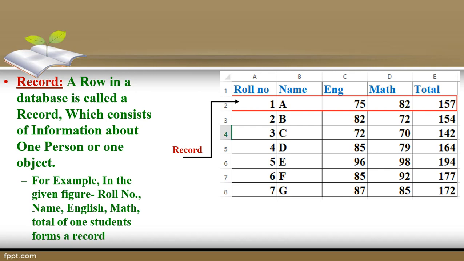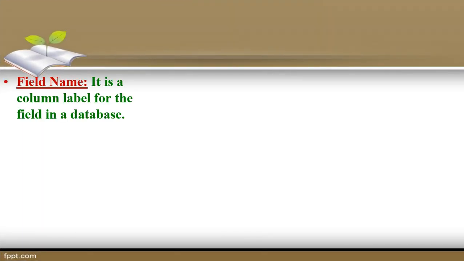With this example and picture you can understand the meaning of a record. Yes, this is row number 2, not roll number, row number 2, and whatever data that row consists of is called a record. Got it everyone?